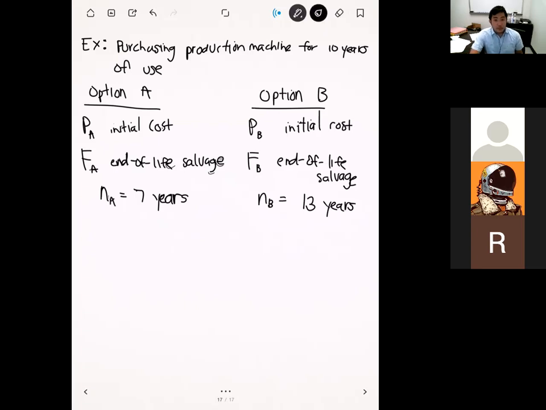If we assume an interest rate of 8%, let's set up the equations to compute the EUAW for both of these options.